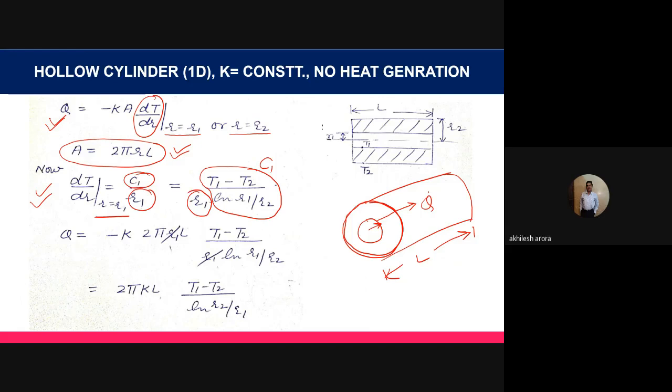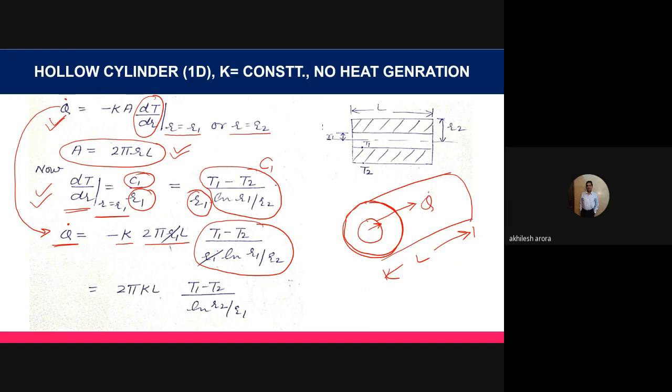Okay. So now we have calculated the value of dT by dr, and then we can calculate the heat transfer rate by putting the value of dT by dr in this particular equation. So it will be minus k, the area 2 pi r1 L, multiplied by the value of dT by dr, which we have just calculated.